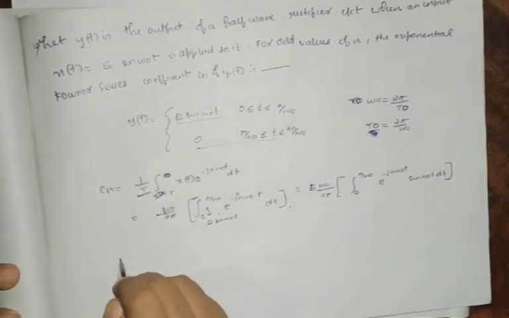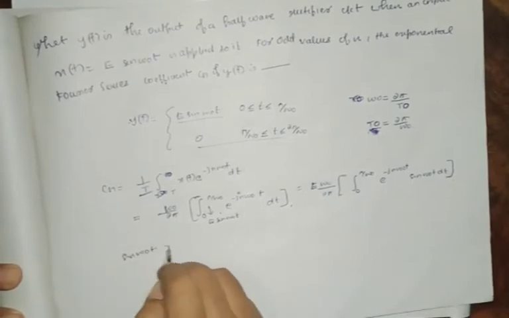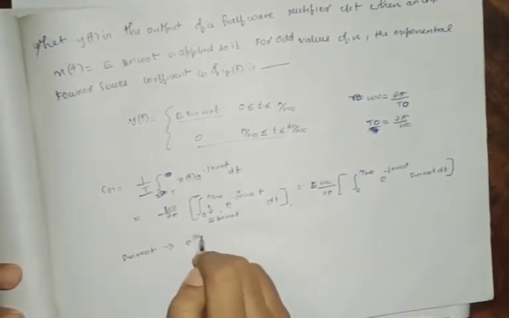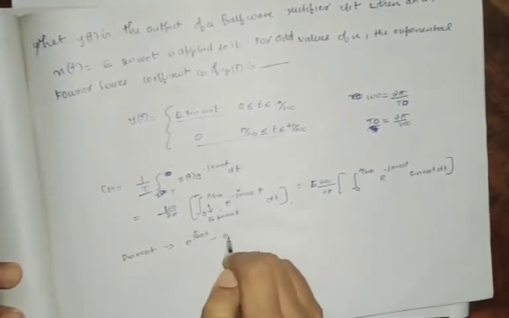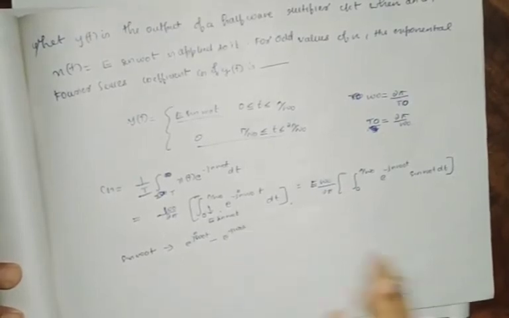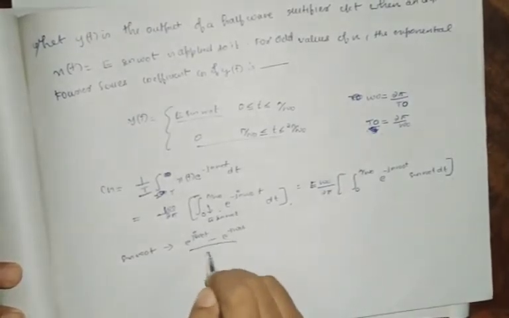So instead of sine omega 0 t, I am going to write it as e raised to j omega 0 t minus e raised to minus j omega 0 t divided by 2j.